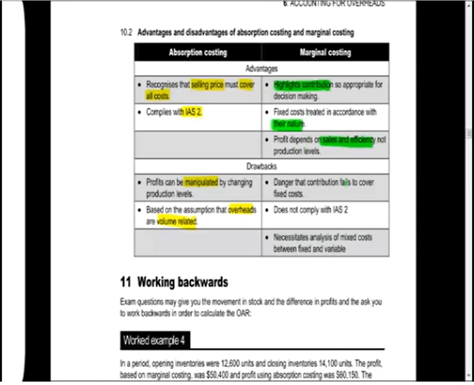But there's a problem that we might not cover the fixed costs. We need to do an adjustment for the stat accounts, and we need to analyse our mixed costs into their fixed and variable elements.